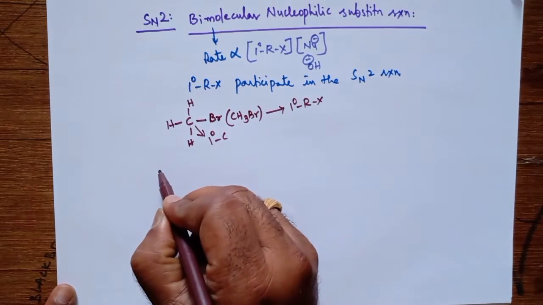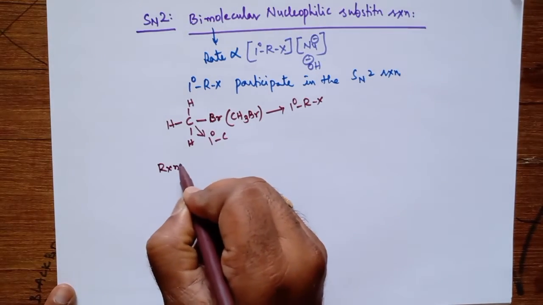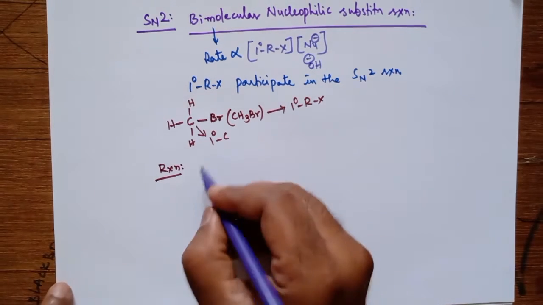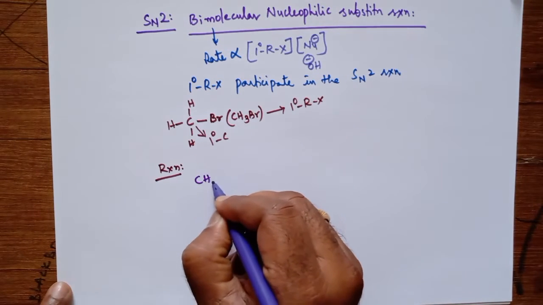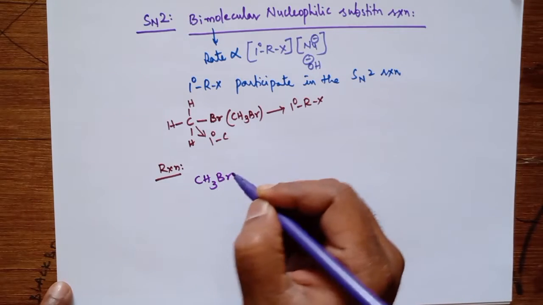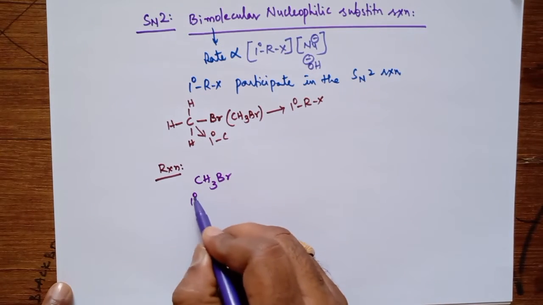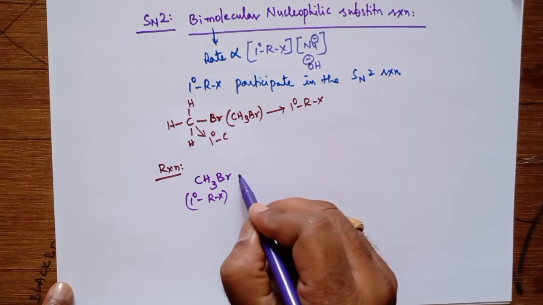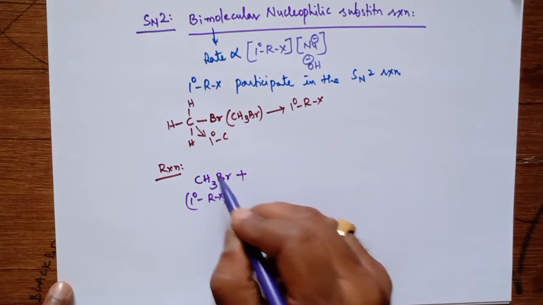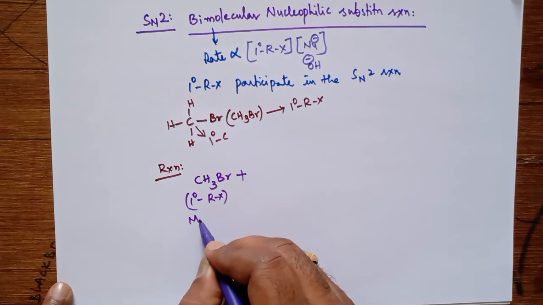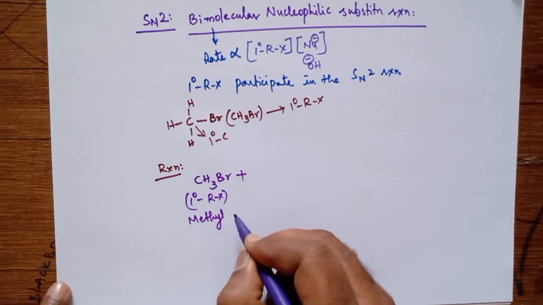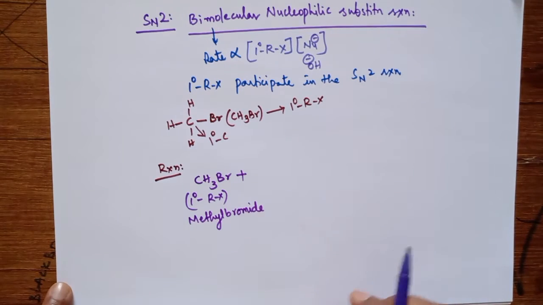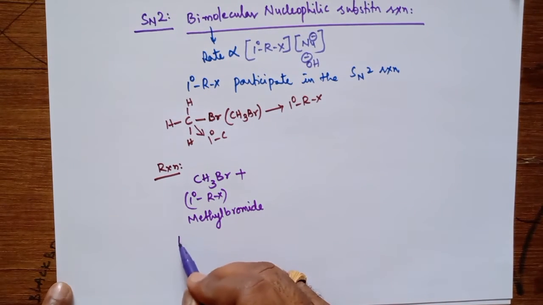So first of all, we take the reaction. What is the reaction? Primary alkyl halide, CH3Br. In simple words, primary alkyl halide, primary RX, on reaction with... What is the name of this one? Methyl bromide, or bromomethane. What is the IUPAC name?